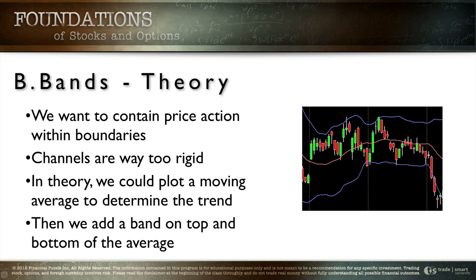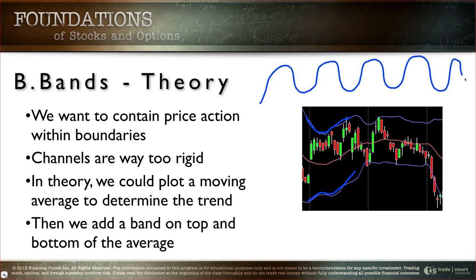Here's the idea of the band theory. What we want to do is contain the price action within the boundaries. So take a look here. You see we've got a line that's coming up through the top and a line through the bottom, and we're trying to contain the price action so we can get a good idea of the extremes of the range. Remember, when we're dealing with momentum indicators, we're dealing with oscillators that are going up and down, measuring the swings of the trade.